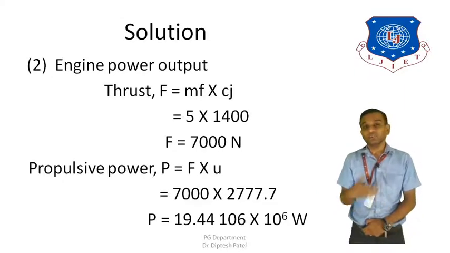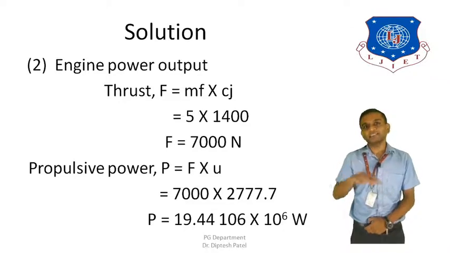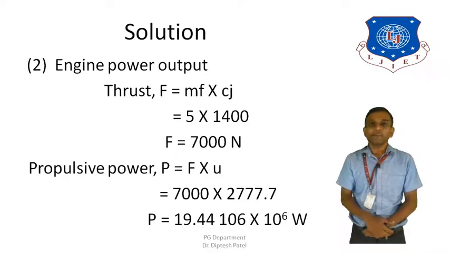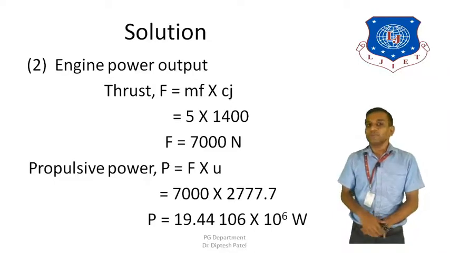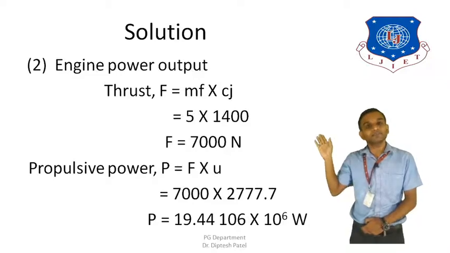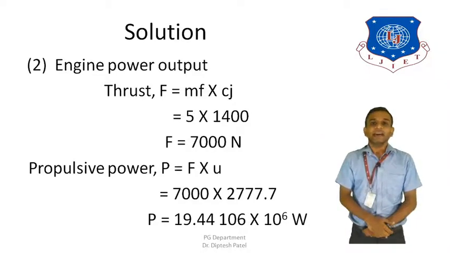Then we move forward to the next finding, the engine power output. But before I solve the engine power output, I need a couple of more things, and then I am going to use the propulsive efficiency to get the engine power output. So first thing that we need is the thrust, and we know the formula: capital F is equal to the mass of fuel feeding the combustion chamber, mf, into Cj, the velocity of gases leaving the nozzle.